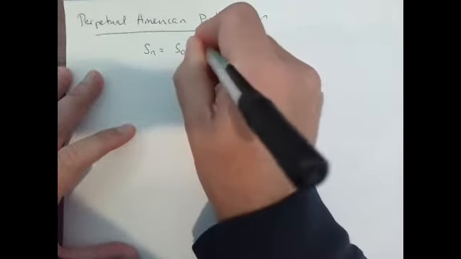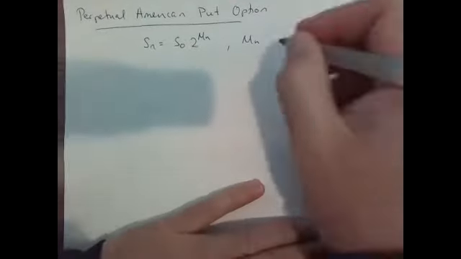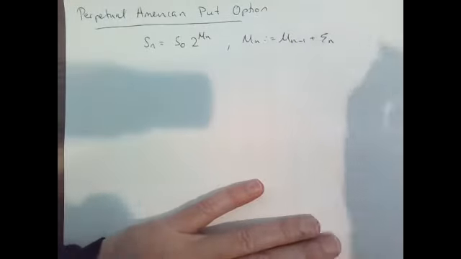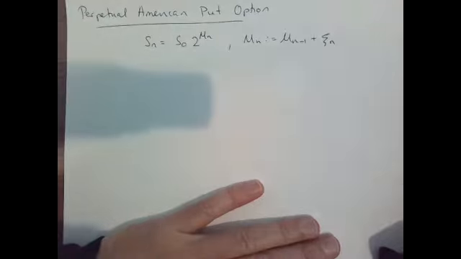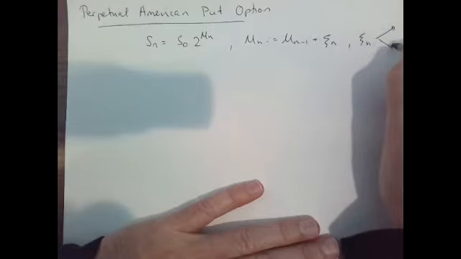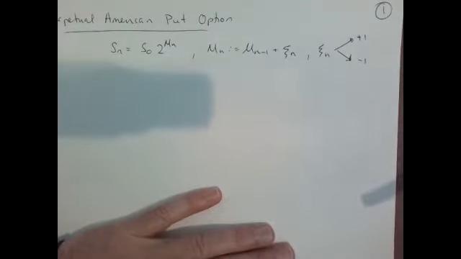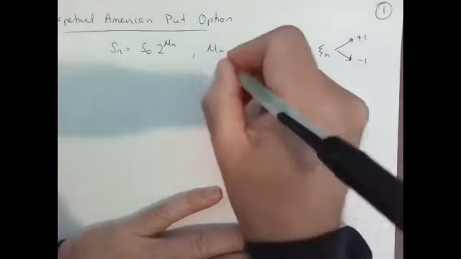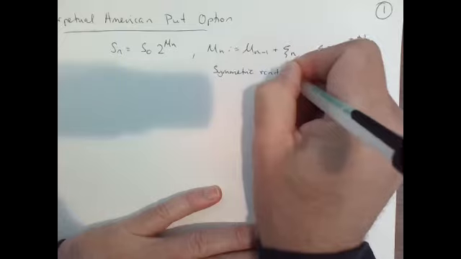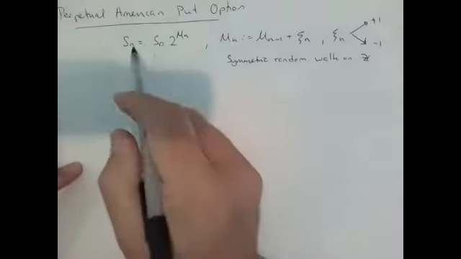We had written this as 2 to the Mn, and Mn was this symmetric random walk on the integers. So these are IID coin flips, our symmetric random walk on the integers.